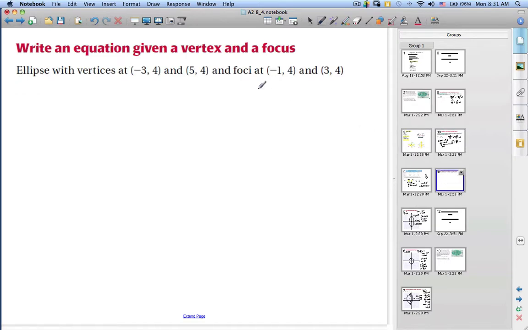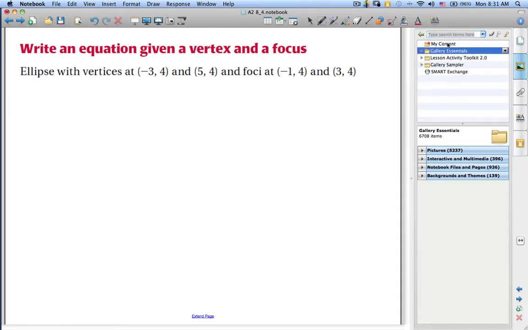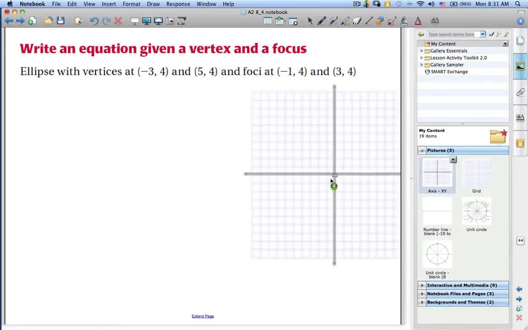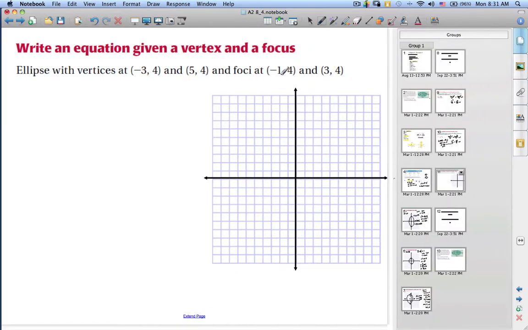And I think it's helpful to sketch a picture because it helps us to understand what's going on. So I'm going to grab a graph here really quick so that I can draw a good picture of where all these points are. At negative 3, 4, I have a vertex.